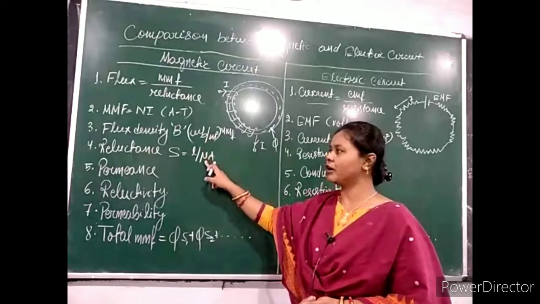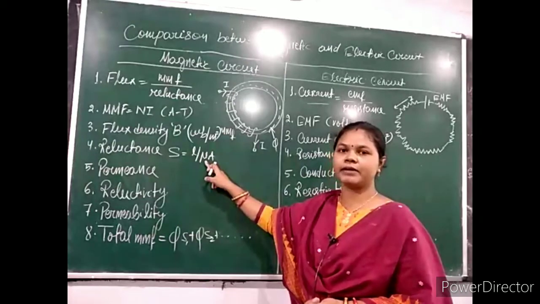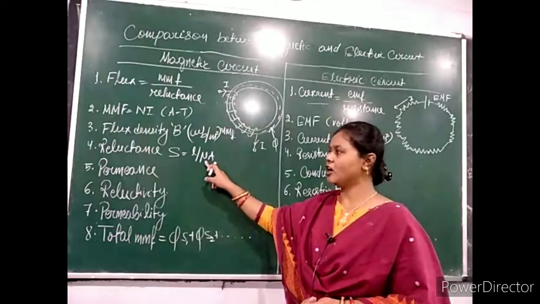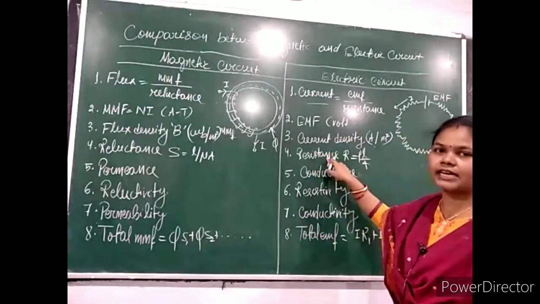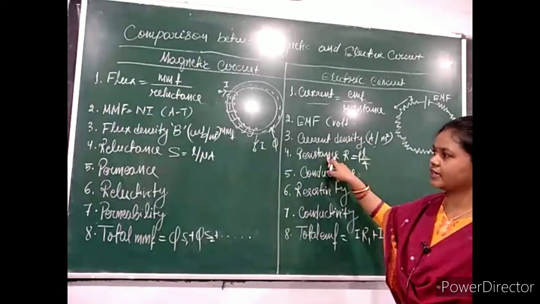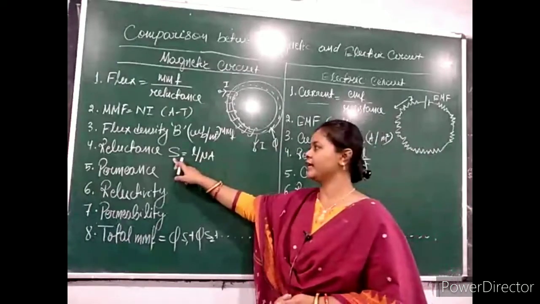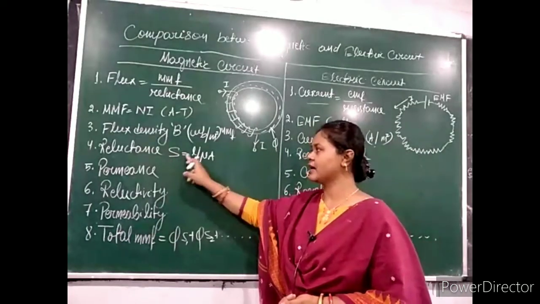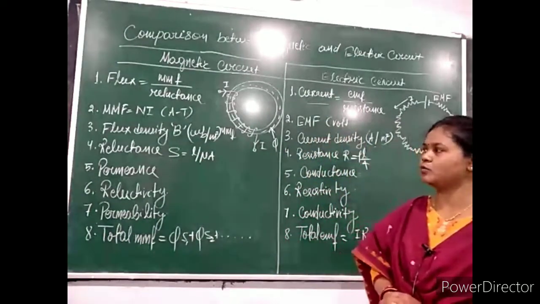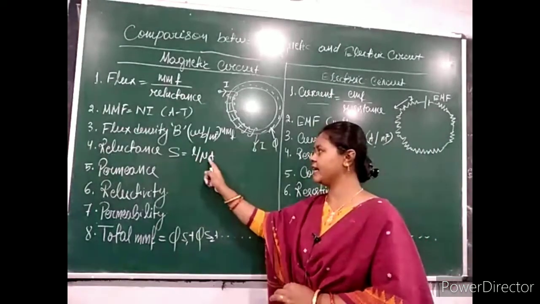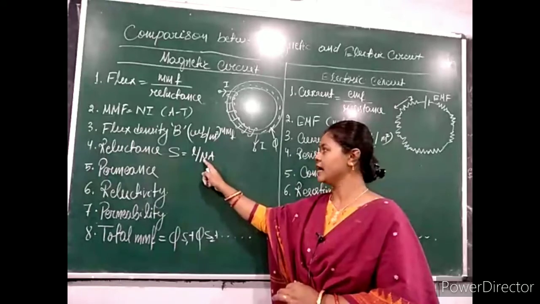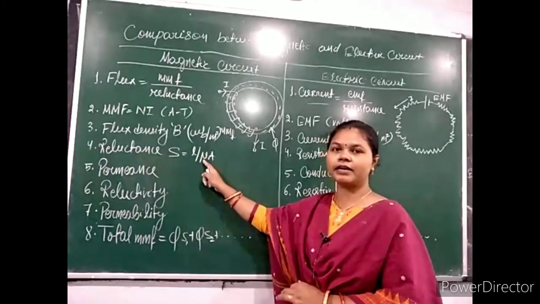Come to the fourth point, reluctance. In a magnetic circuit, reluctance is analogous to resistance in an electric circuit. Reluctance is symbolized by S, and its formula is L by mu A, where L is the length of the magnetic circuit, A is its cross-sectional area, and mu is permeability.